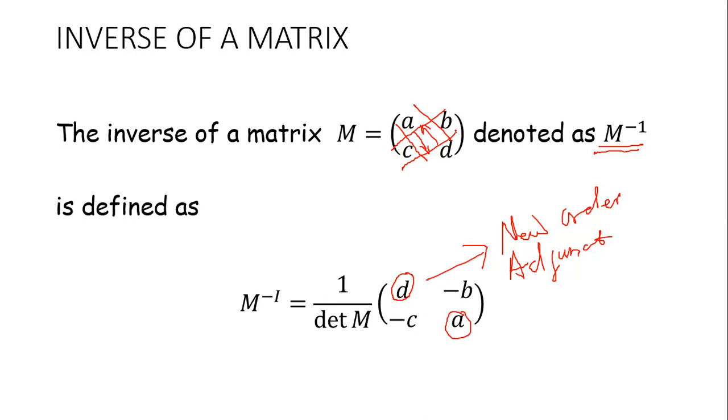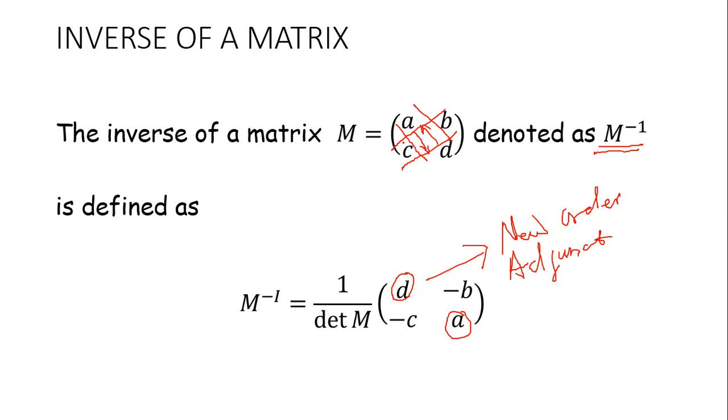Let me just repeat it. To get the adjunct matrix, we interchange the elements in the major diagonal. So the D shifts upwards and the A down to where the D was. So we have D and A. Then in the minor diagonal, the C changes.